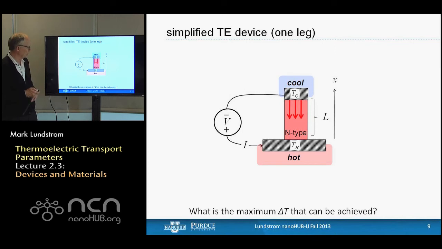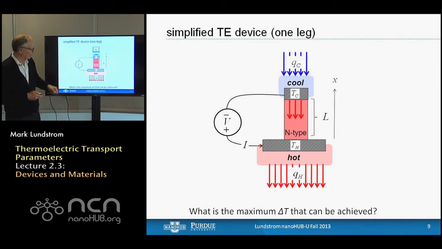And the question that we're going to ask is, what is the maximum temperature difference we can get between the cold terminal at the top and the hot terminal at the bottom? And we'll see that that is very simply related to the material parameters. So the way we think about this is we've got a heat flux coming in at the top. We have a heat flux being dissipated at the bottom to the environment.